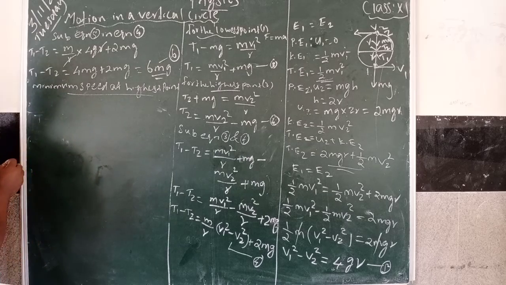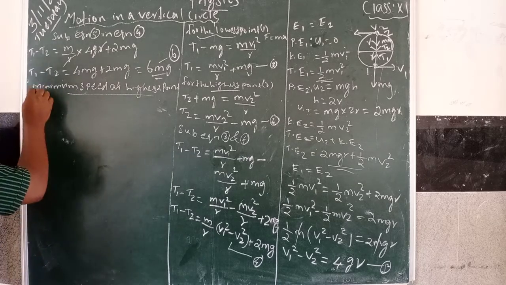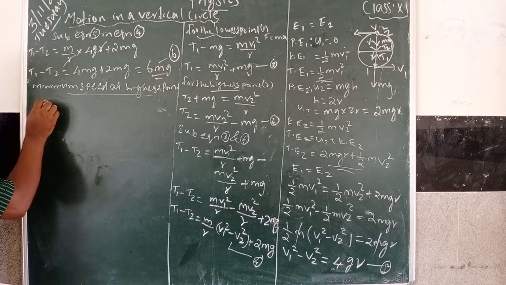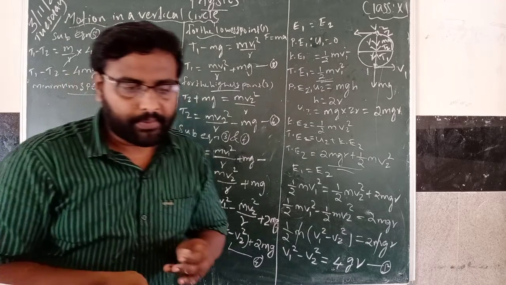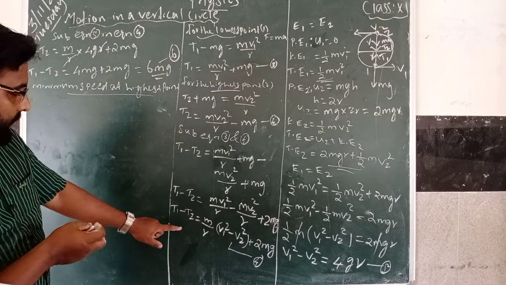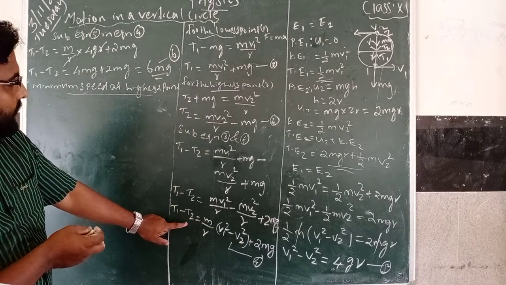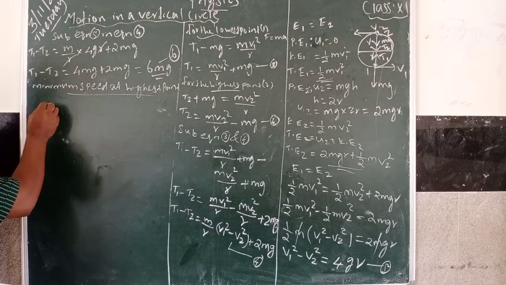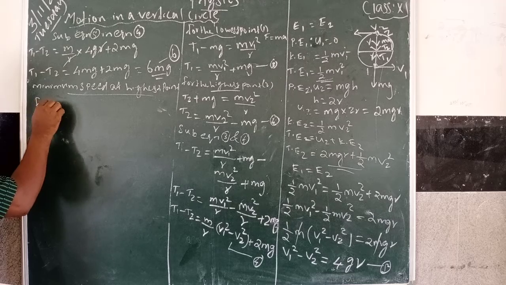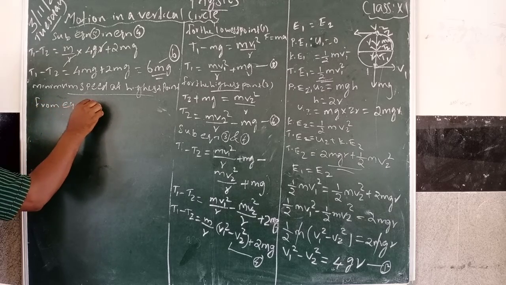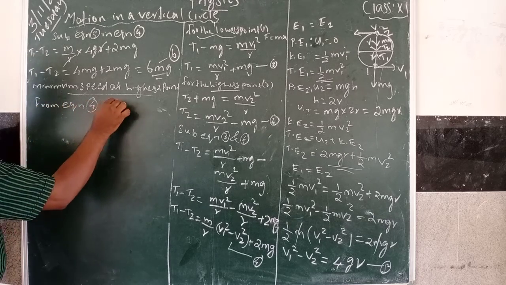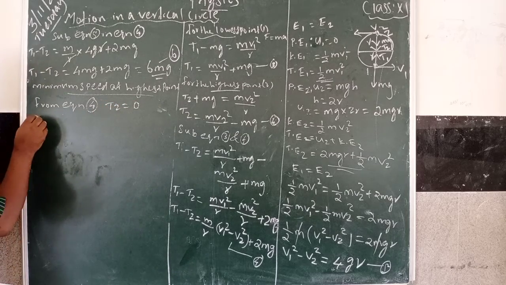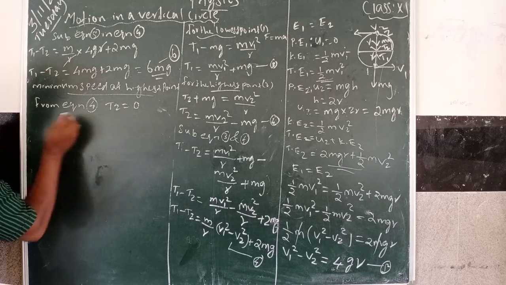So from this equation 6, you can take equation 4. Okay, take equation 4. So from equation 4, T2 equal to 0.